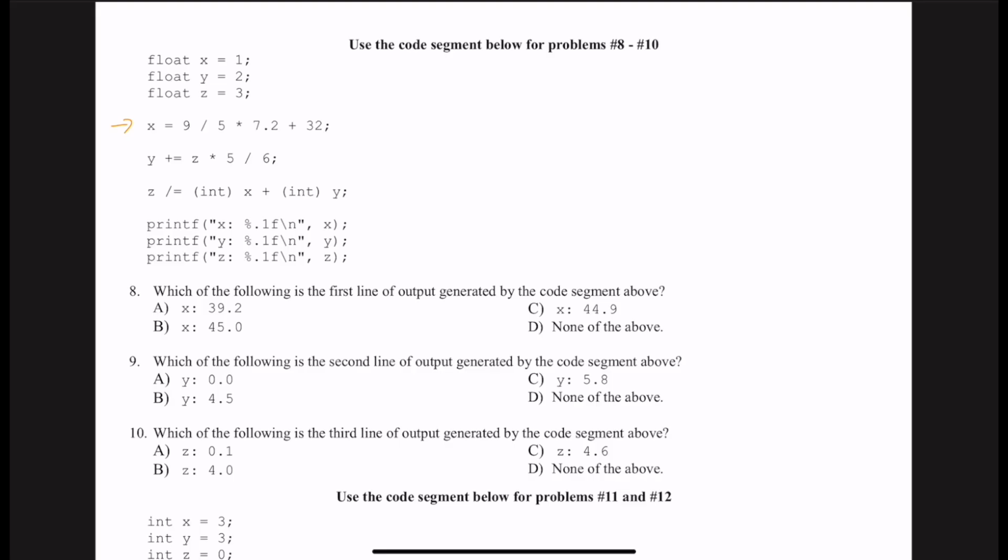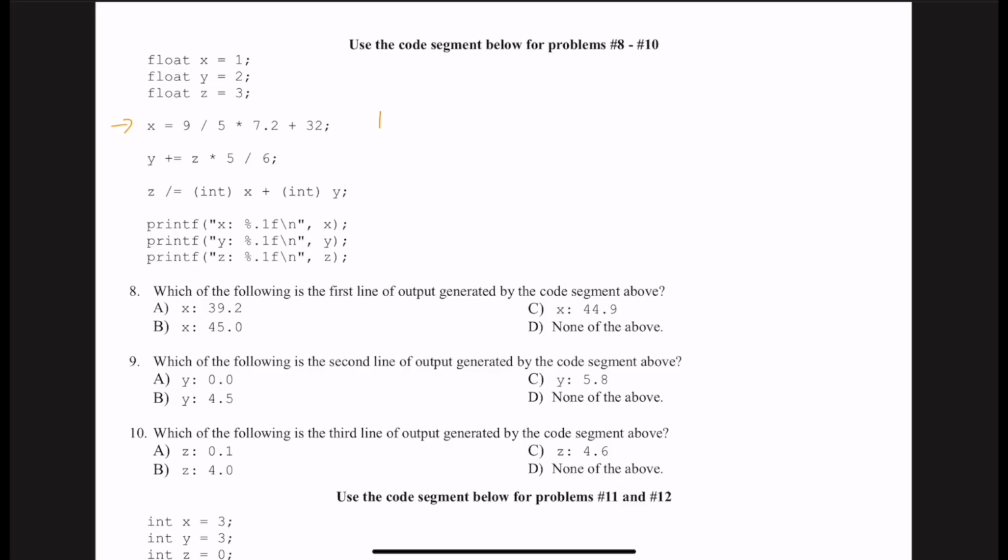Well, following our precedence, kind of like order of operations, in this case, we're going to do the division and multiplication first, then the addition. So working left to right, 9 divided by 5 is going to be 1, because an int divided by an int needs to result in an integer. So whatever was in the decimal place, you might think it's 1.8, we don't care.